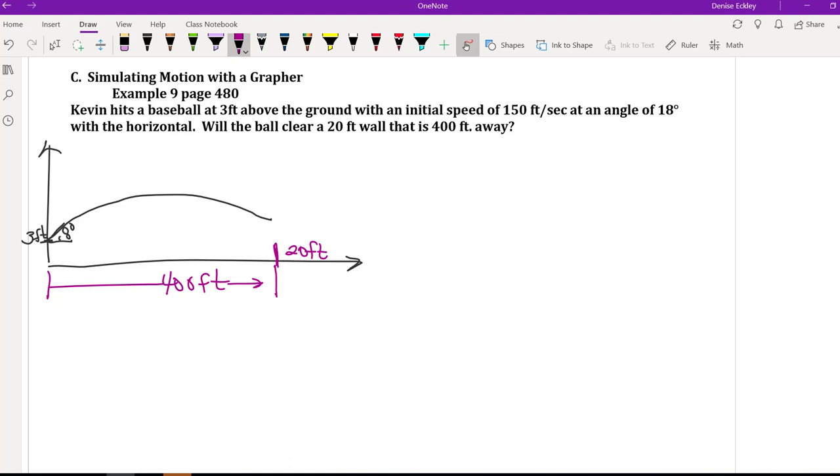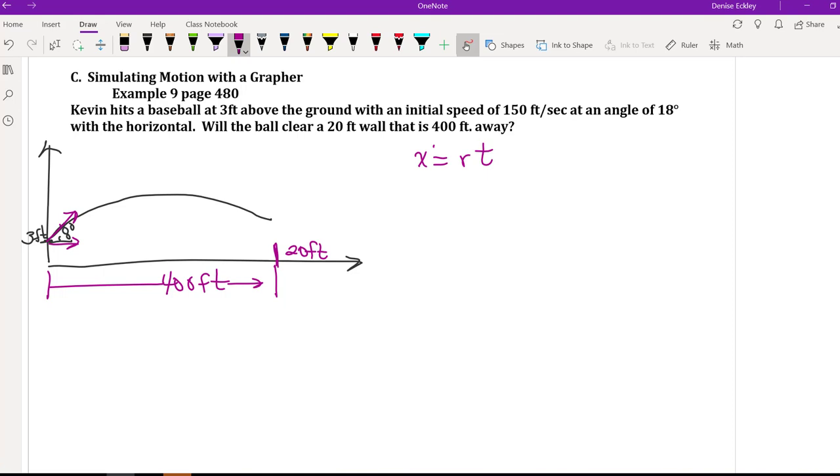So we have to set up our x vector and our y vector for the distance. The thing about the x vector, which is nice, is it's just one dimension, just going straight across. So you can use the idea that distance is going to equal the rate times the time.